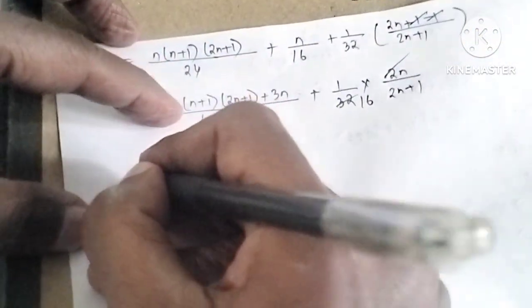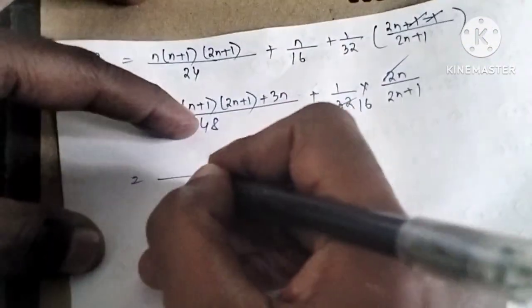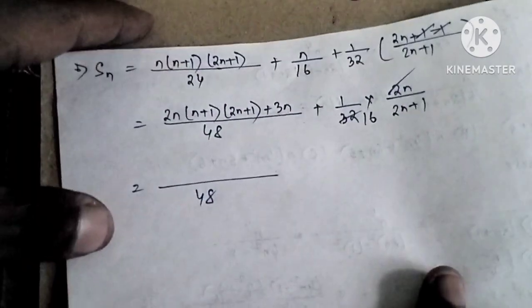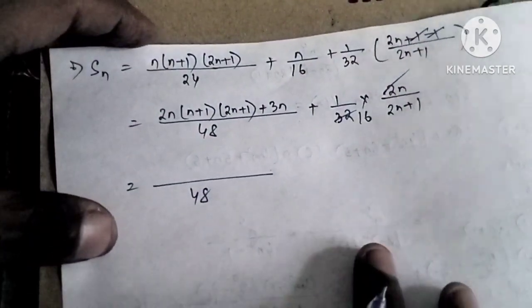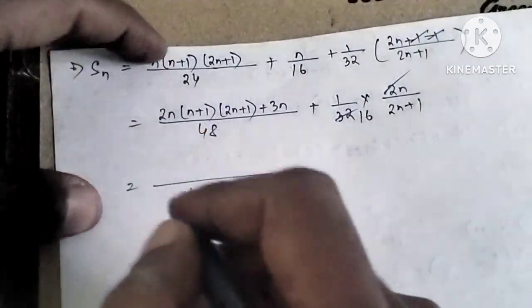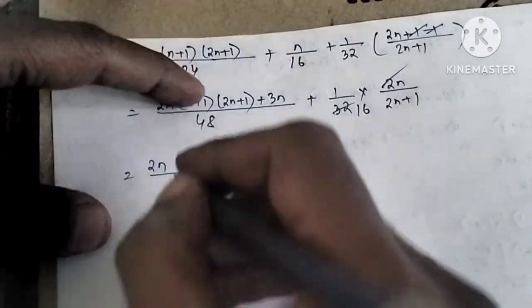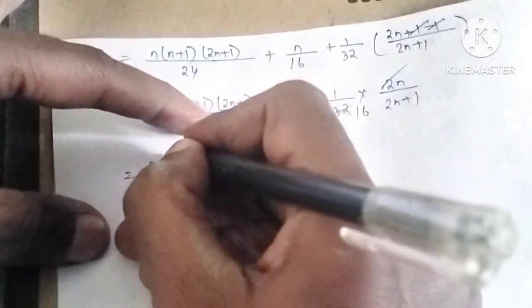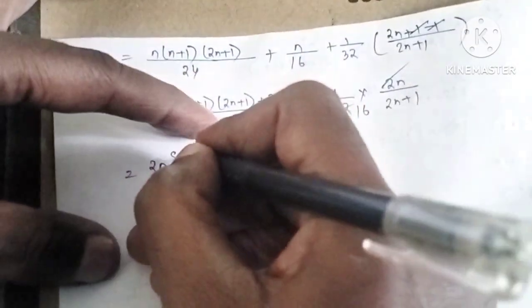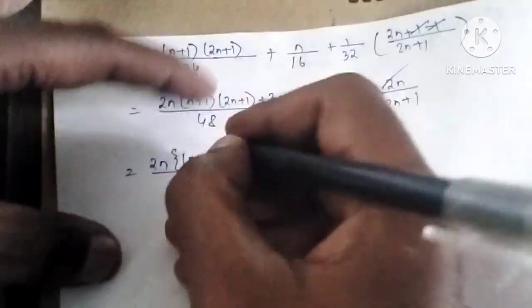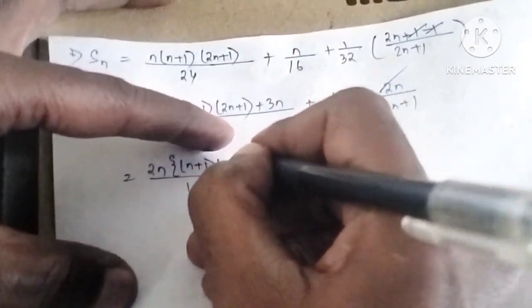Now this will be 48. So here, 2n. Now what will I do? I will multiply these two, n plus 1 into 2n plus 1.